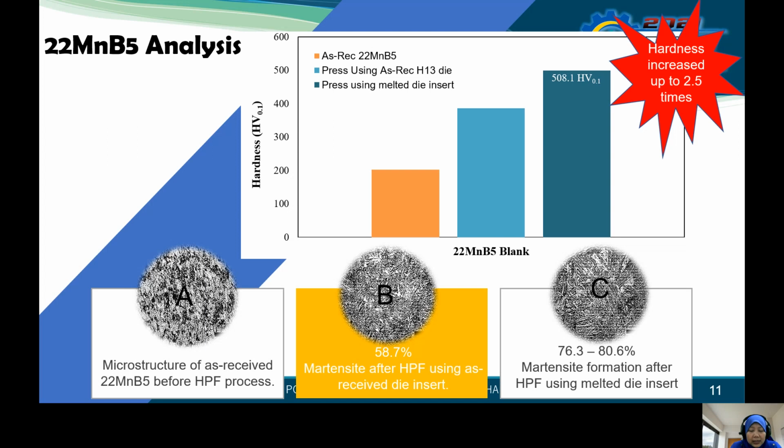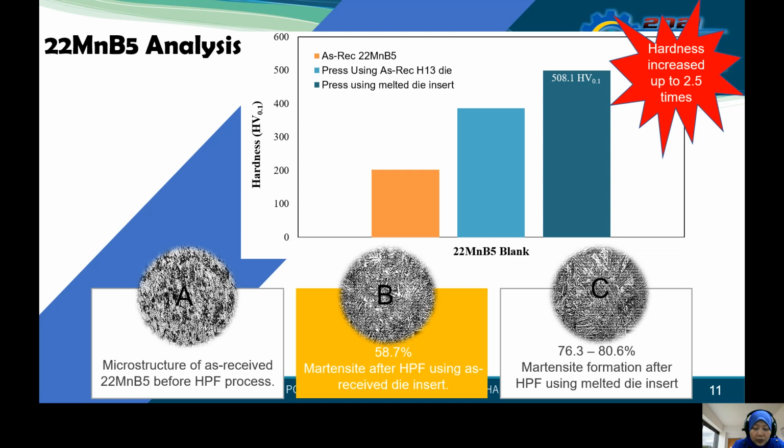This result shows the microstructure and hardness properties of boron steel responding to the die insert. Figure A shows the microstructure of as-received boron steel before the HPF process with 202.5 Hardness Vickers. Next, microstructure B with 85.7% martensite after the HPF process using as-received H13 die insert produced 386.6 Hardness Vickers.